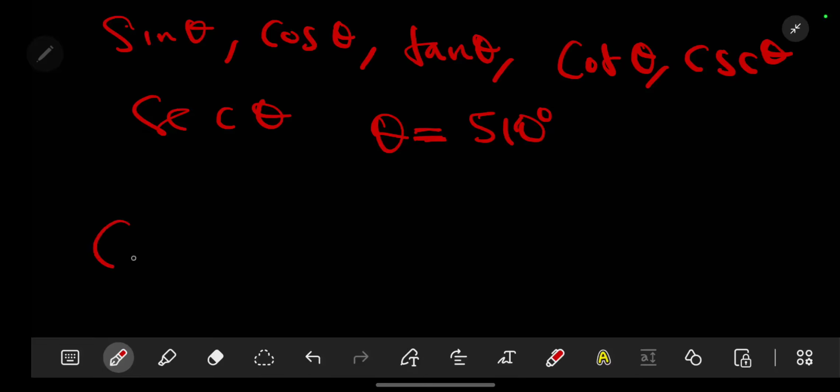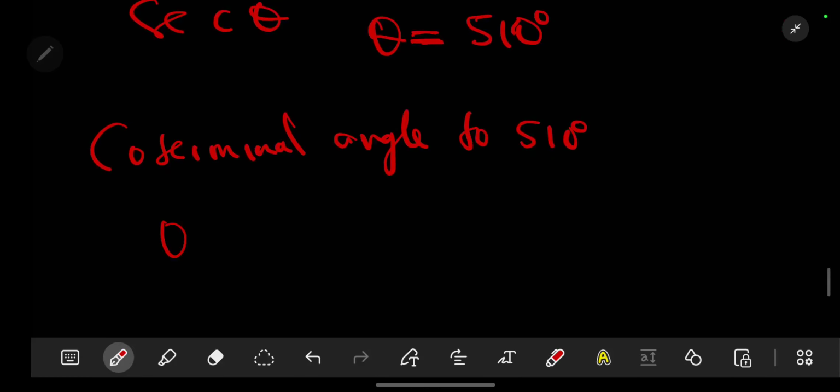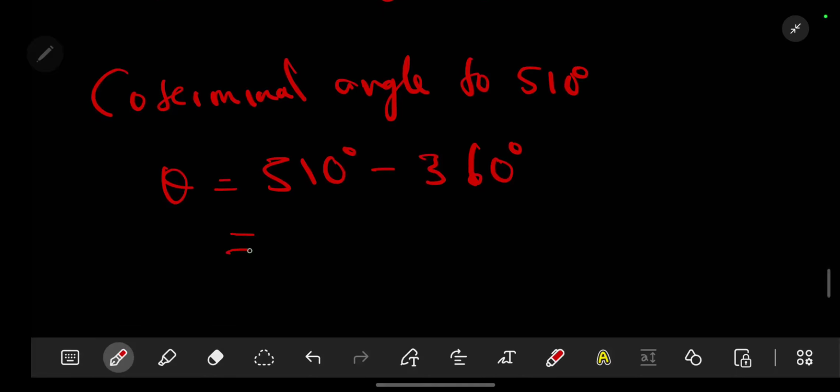So the coterminal angle to 510 degrees is 510 degrees minus 360, which is going to give us 150. So coterminal angles are angles that begin at the same point and end at the same point.